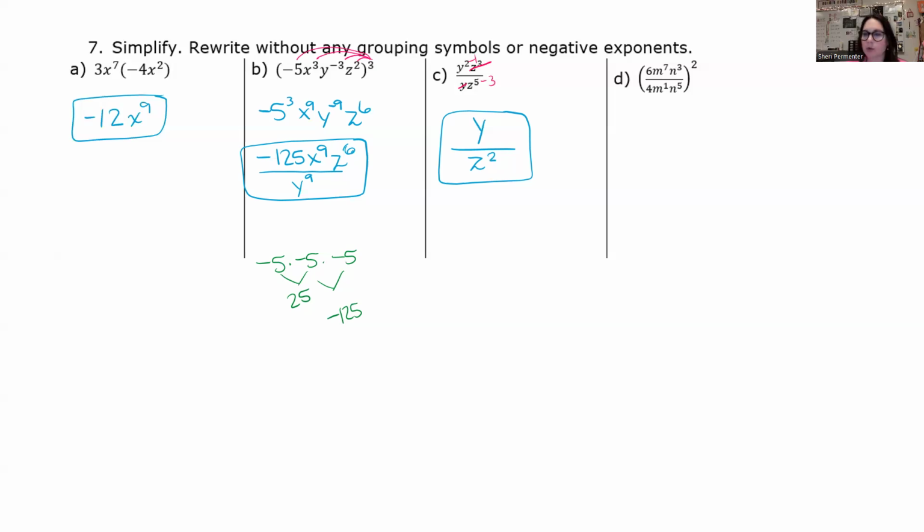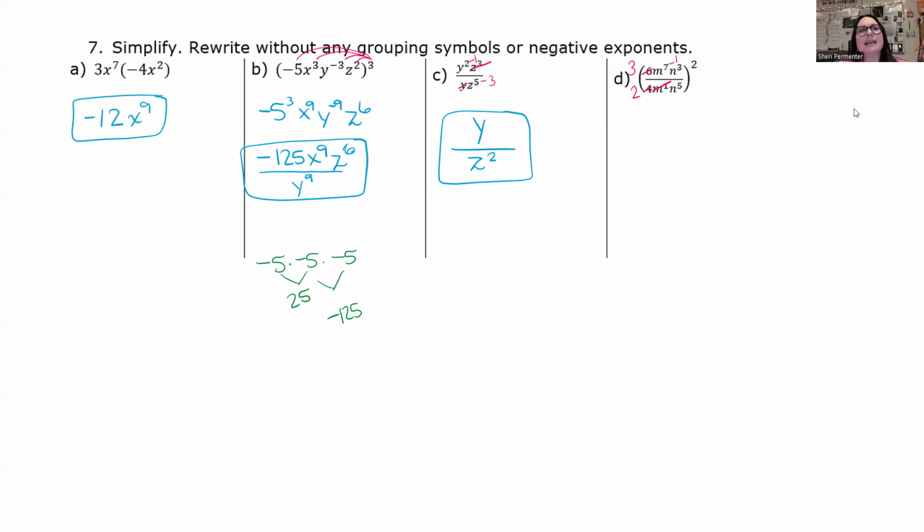That's going to reduce. Aren't they both divisible by 2? Yeah, so that'll change to a 3, and the 4 changes to a what? 2. All right. Now let's look at M.